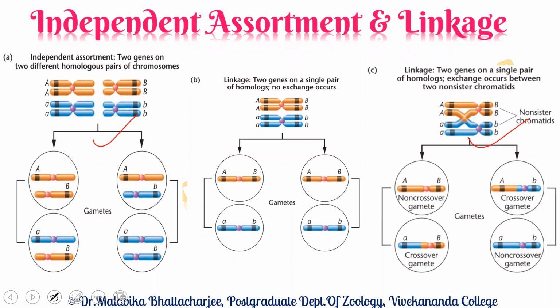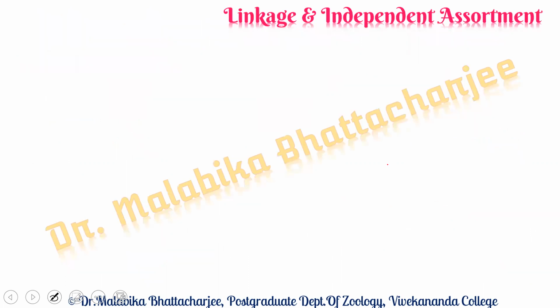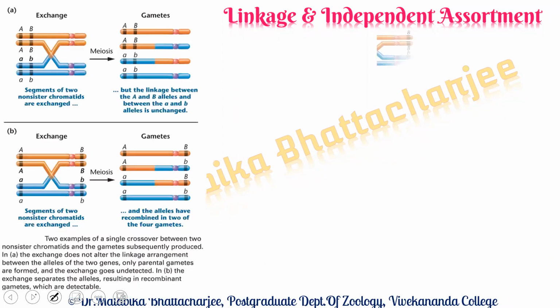The difference is in the ratio of the 4 categories of gametes. In independent assortment, the ratio is always 1:1:1:1. In case of linkage, the non-crossover products are always greater than the crossover products. That's the difference. And finally, this is another beautiful summation from Klug and Cummings.